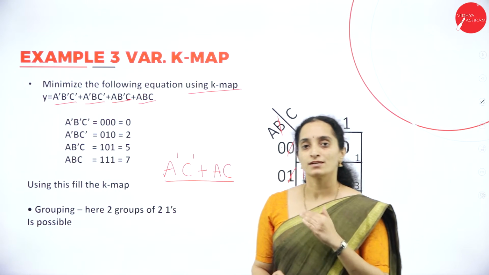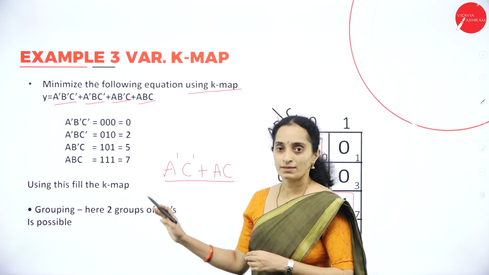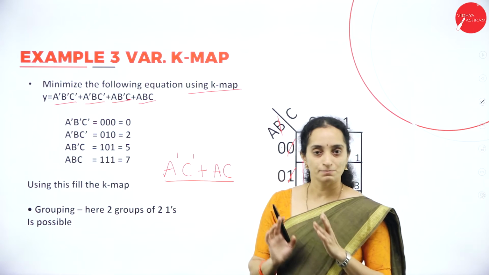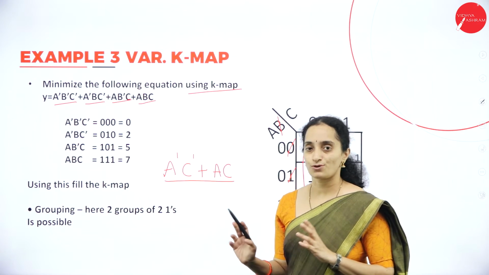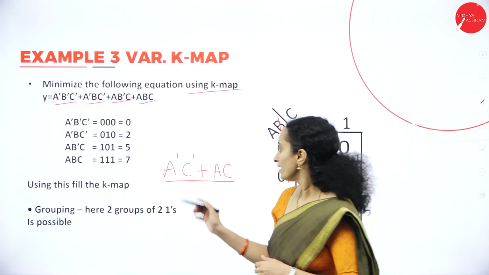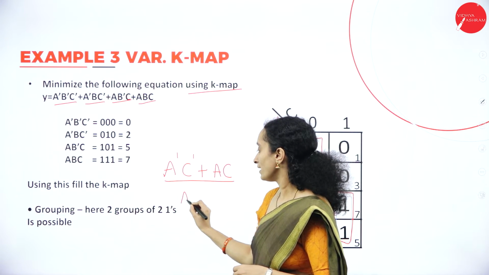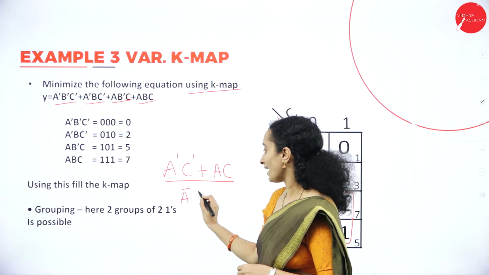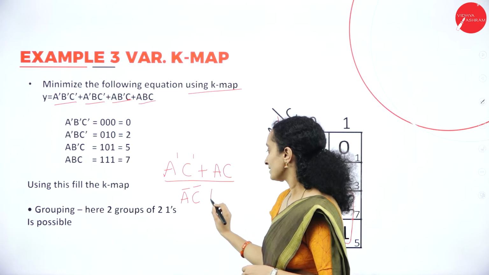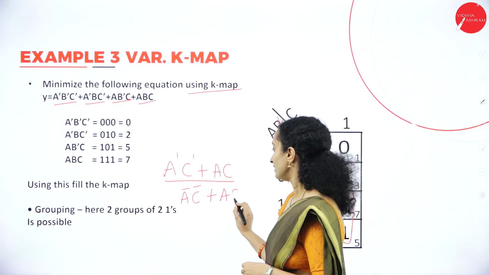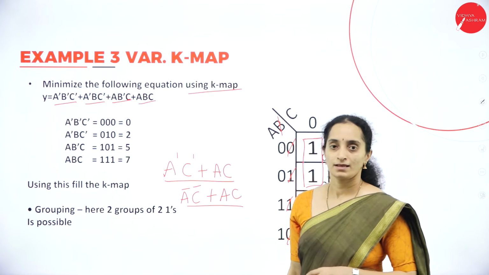It has reduced the complexity and the space needed for construction of the circuit. Okay, we have A dash C dash plus AC, or you can represent it as A dash C dash plus A into C.